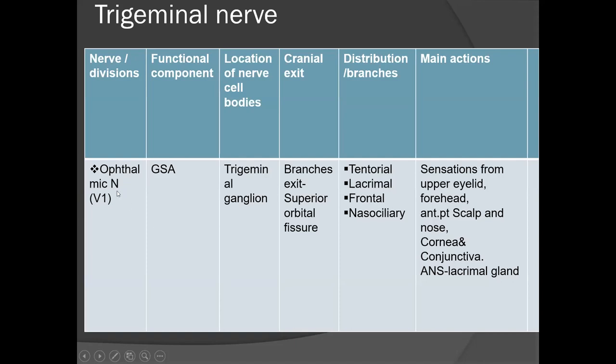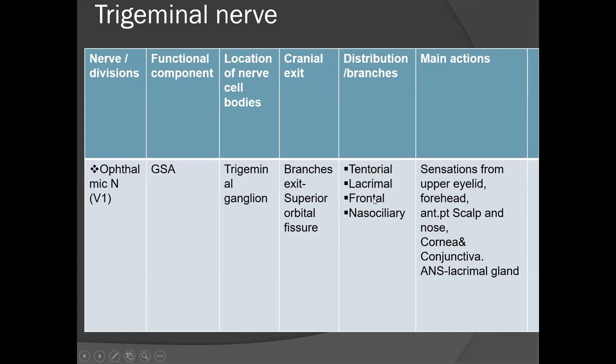So in summary, for the ophthalmic nerve, the functional component is general somatic afferent, because it is general sensations which it is carrying. You will see the neuronal cell bodies in the trigeminal ganglion. The exit is through the superior orbital fissure for the ophthalmic nerve, and before it enters the superior orbital fissure it will give tentorial branches, that is, otherwise, the meningeal branches, we can say, supplying the tentorium cerebelli and the adjacent meningeal layers which are lying there.